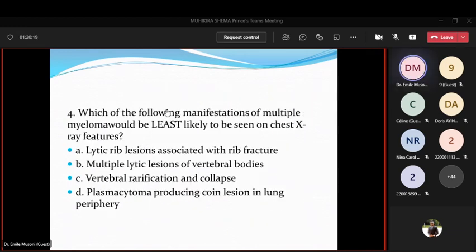Number 4, which of the following manifestations of multiple myeloma would be least likely to be seen on the chest X-ray?